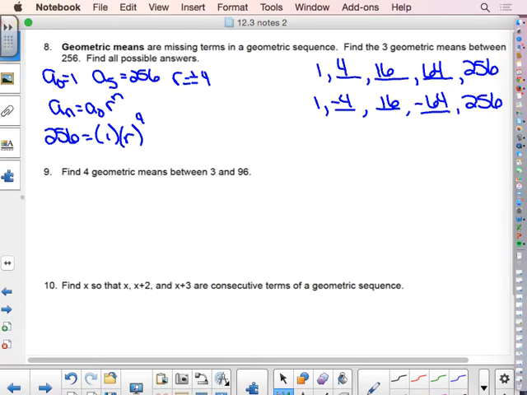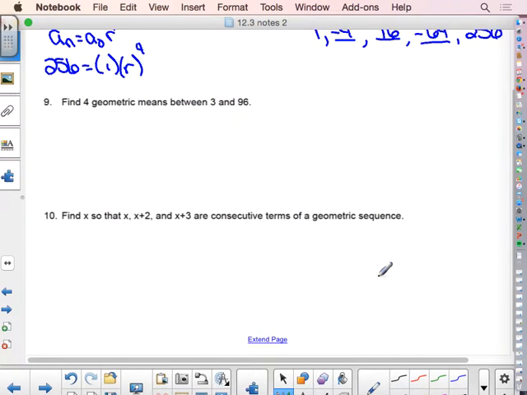The last one we're going to take a look at is number 10. Number 10 is similar to a problem we saw with the arithmetic mean. This time, we're looking to find a value of x so that x, x plus 2, and x plus 3 are consecutive terms of a geometric sequence. So if they are, then consecutive terms have the same common ratio.